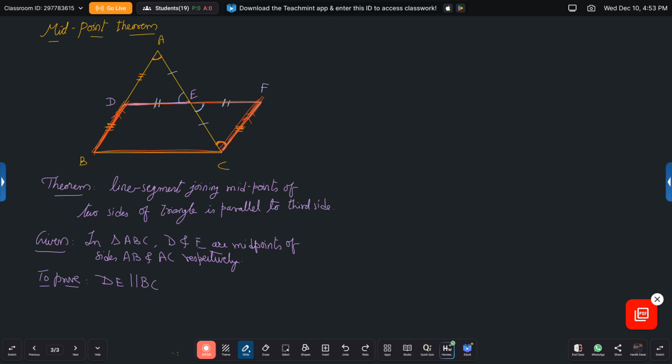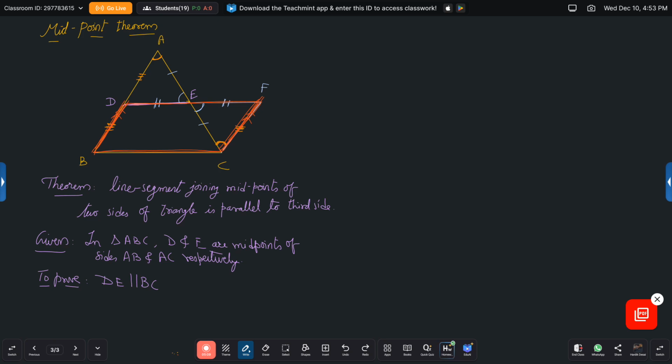So BCFD is a parallelogram. Why? For any quadrilateral, if one pair, that is BD and CF, is equal and also parallel, it is a parallelogram.